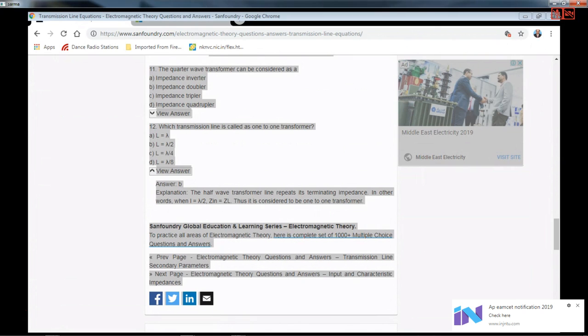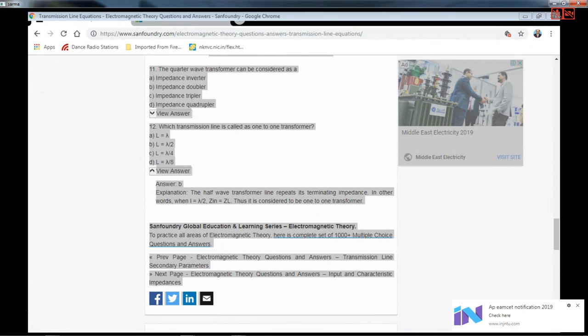So Vmax comes with V reflected and V incident summed up exactly in phase, and Vmin will come up when V incident and V reflected get subtracted. So Vmax is V incident plus V reflected, and Vmin is V incident minus V reflected.